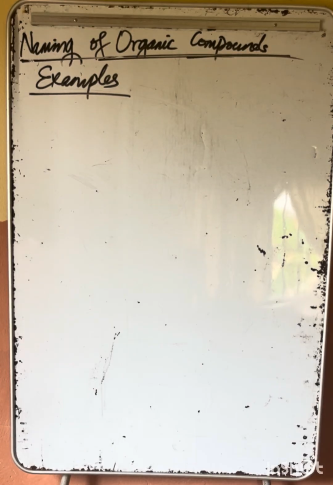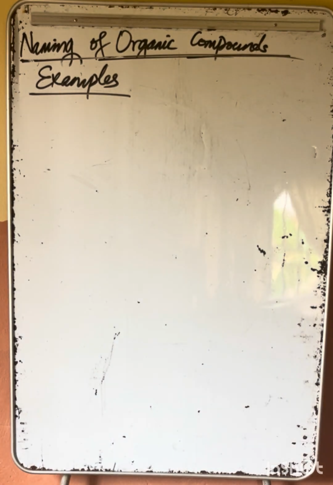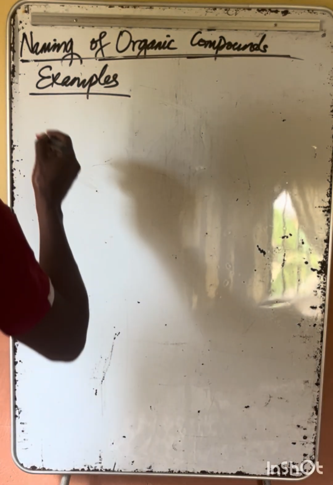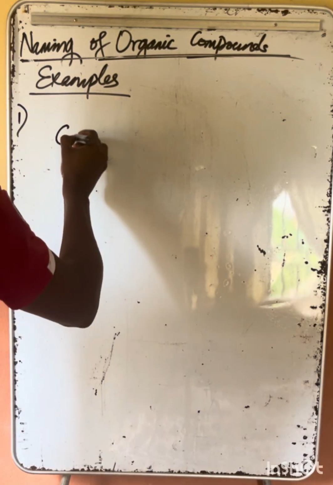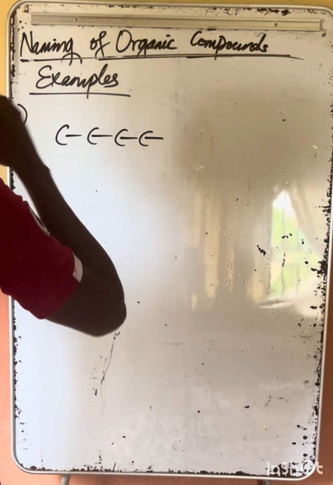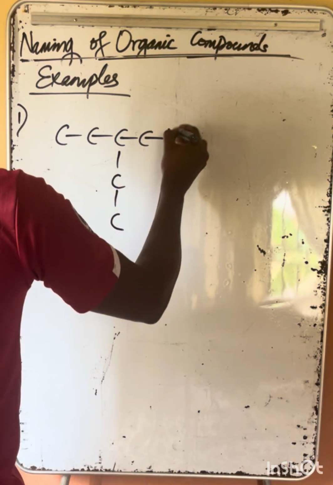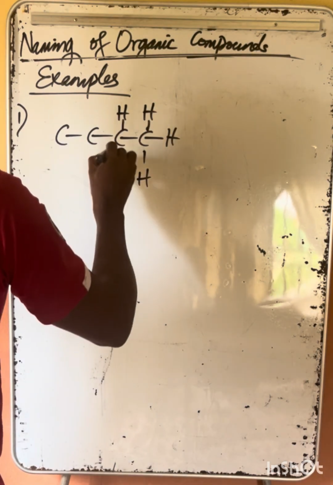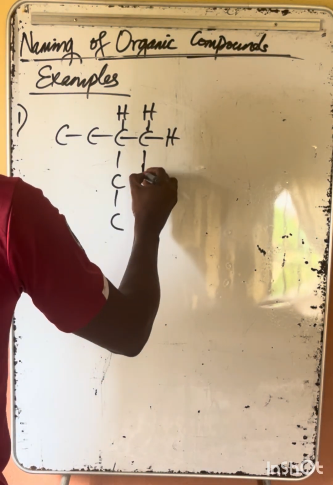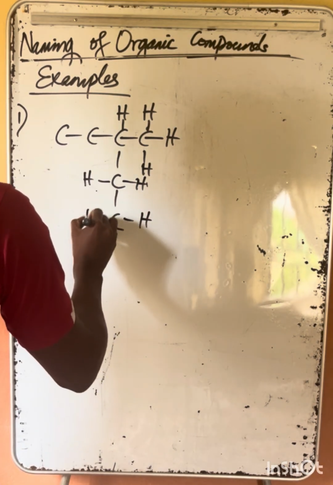Because if I state them, you may not understand what they are saying until you see them in application. So let's take examples. So number one, I'll start with something very simple. I have 1, 2, 3, 4.